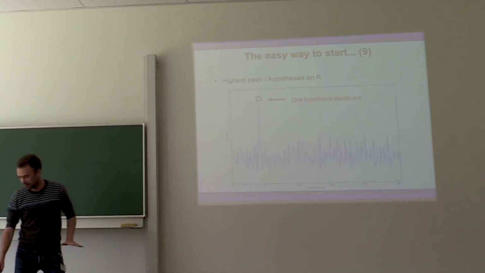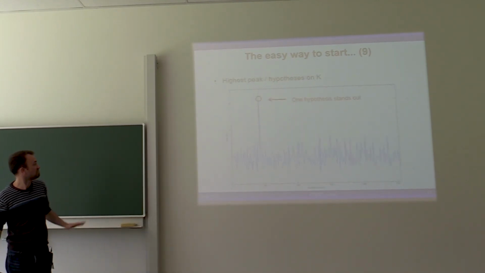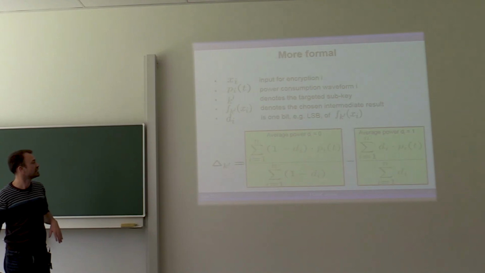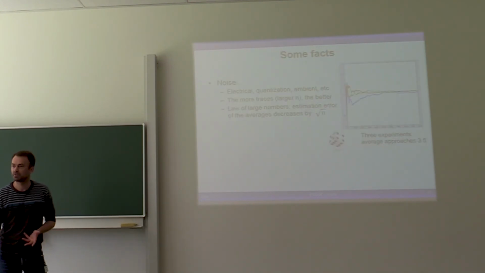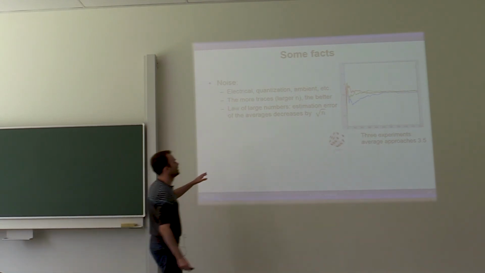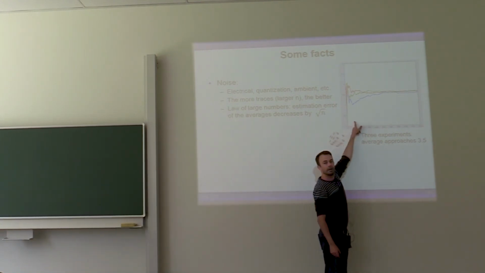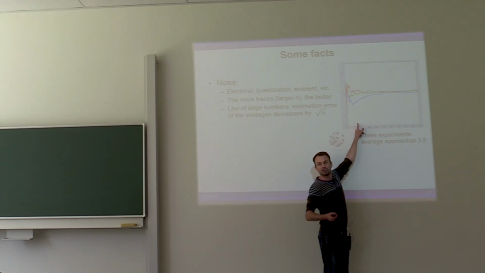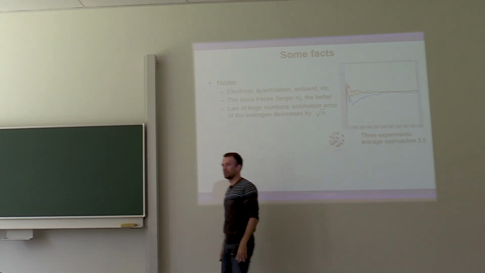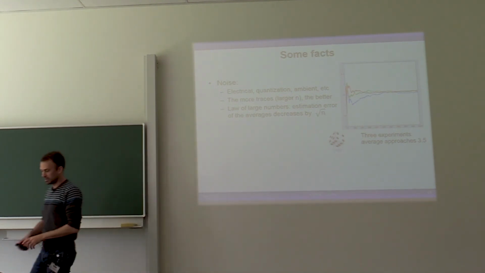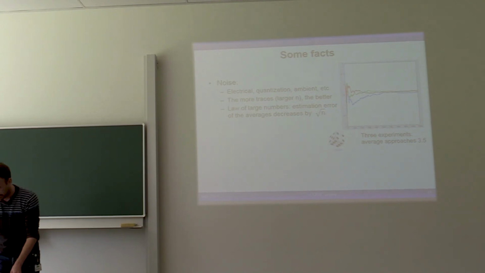So when it's not like that, if no guess is really obviously the right one, we can always try to take more measurements and repeat the process, because maybe we were somewhere here and we just didn't use enough samples to get a clear result. So there's always the hope that if we increase the number of samples, we'll get a better result. Okay?